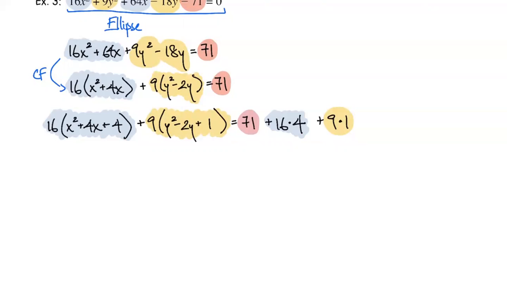So this 16 stays as a 16, but instead of x squared plus 4x plus 4, I could write that as x plus 2 squared. And over here in the yellow, instead of 9y squared minus 2y plus 1, I can write that as 9y minus 1 squared.